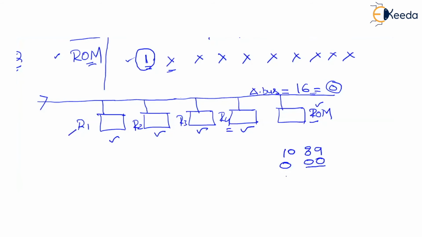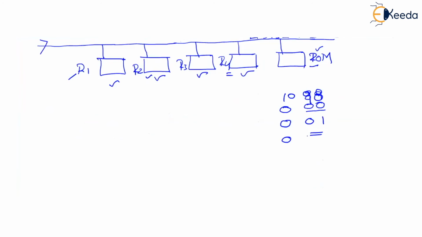If the reference address has a 0 in the 10th digit and 0, 1 in the 9 and 8 digits, it falls under RAM 2. With a 0 in the 10th digit and 1, 0 in the 9 and 8 digits, that falls under RAM 3. A 0 in the 10th bit position and 1, 1 in 9 and 8 falls under RAM 4.